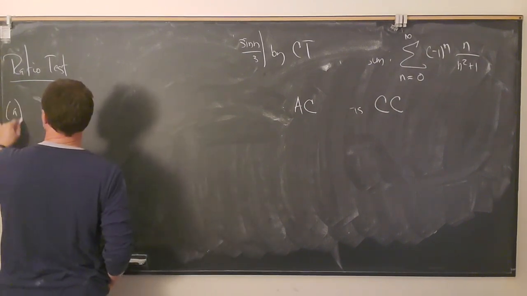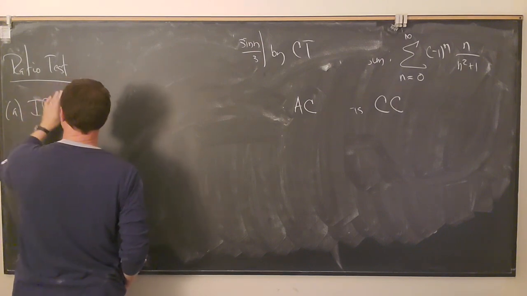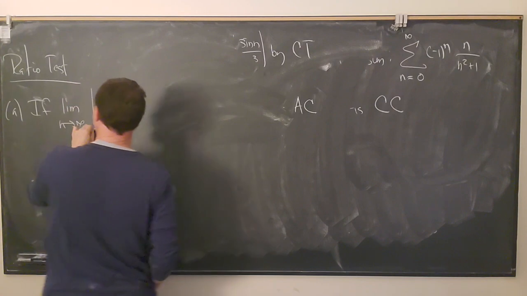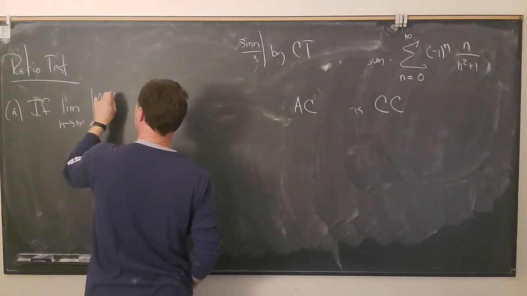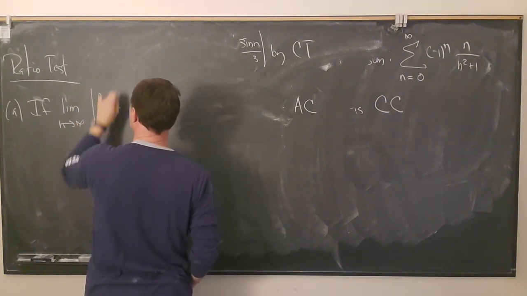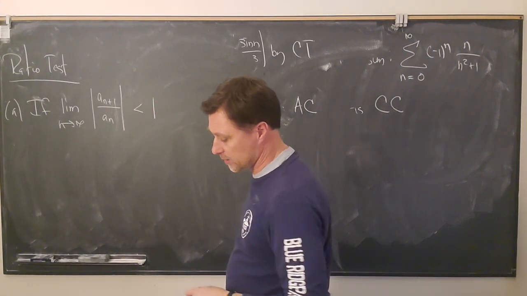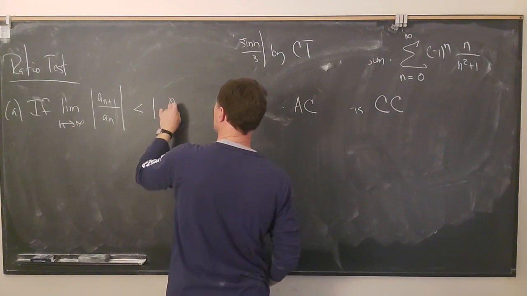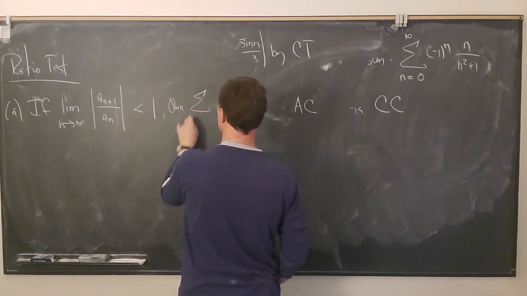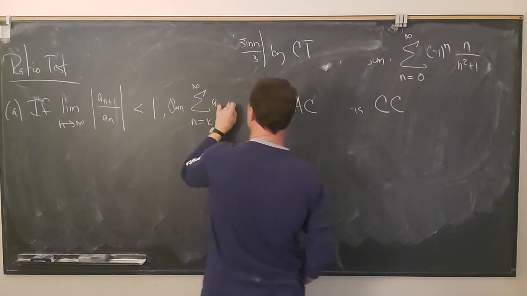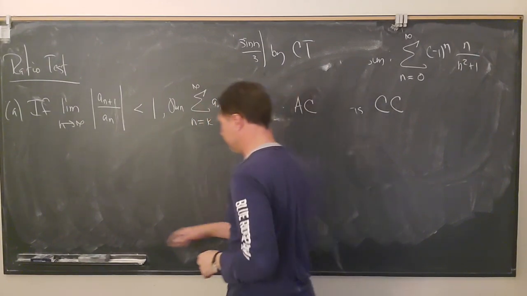So part A: if the limit as n goes to infinity of the absolute value of a sub n plus 1 divided by a sub n is strictly less than 1, then the sum from n equals k to infinity of a sub n is absolutely convergent.